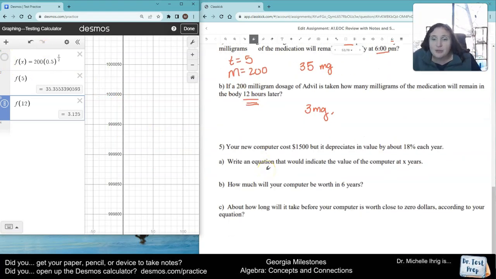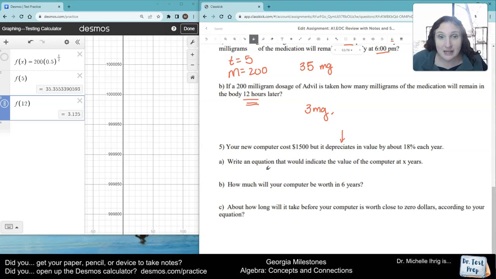All right, your new computer cost $1,500, but it depreciates, meaning it goes down 18% a year. Remember, when it goes down, we have to subtract that decimal. So that's really going to be 0.82 inside my parentheses for my function.